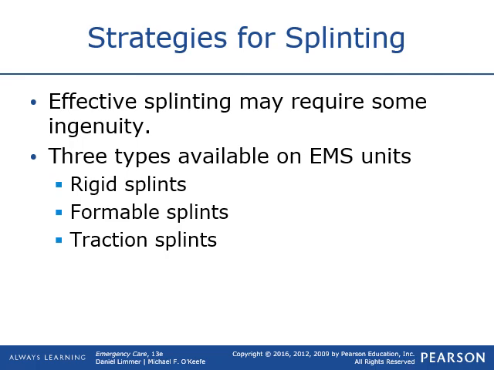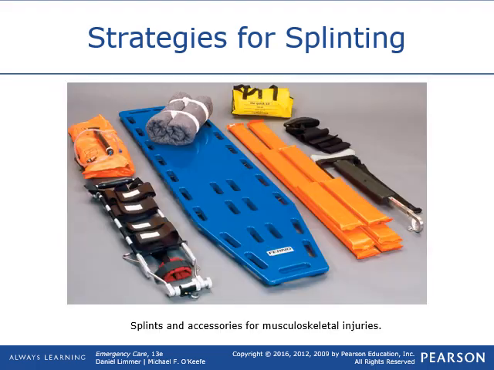Really, as long as it's splinted, I don't care how you get to the final product. You'll see as you're out there and we do this hands-on. You may come up with a way different than how I do it, and there's not a set way. So you have rigid splints, formable splints like your SAM splint, and then you have your traction splint.